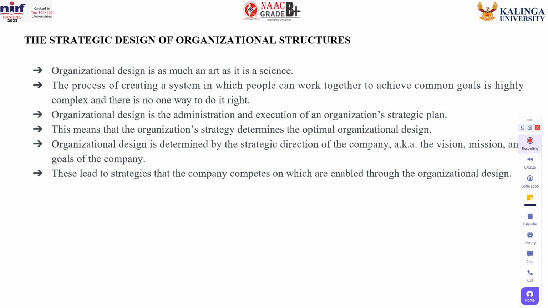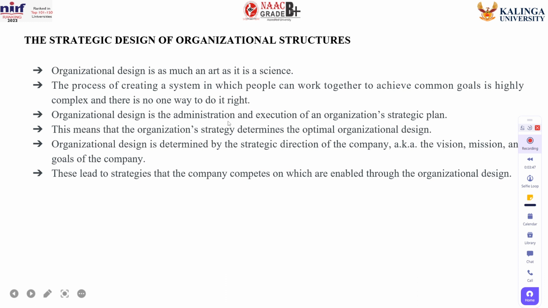It is highly complex, and there is no one accepted way of doing it right. So it is more of art, because your organizational design should meet the needs and expectations of your organization.